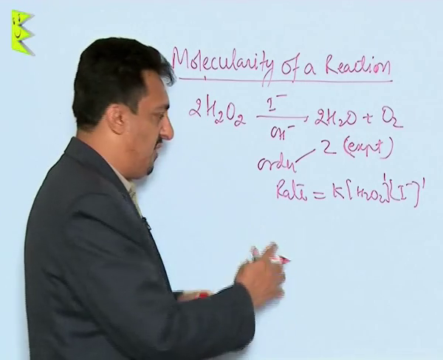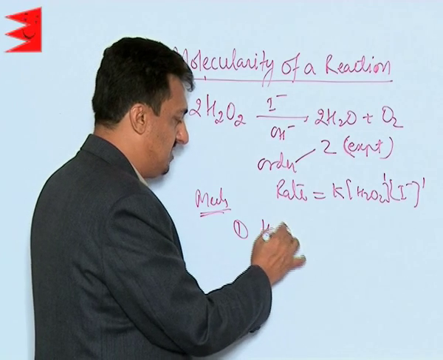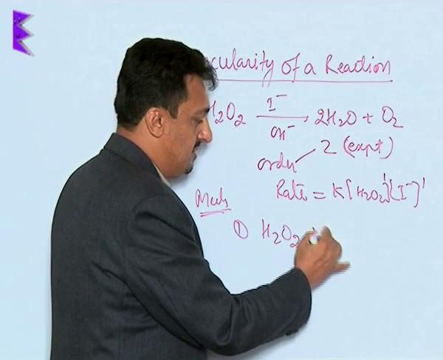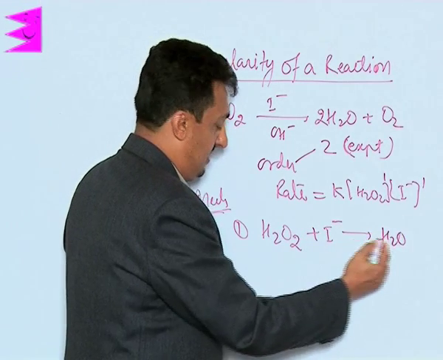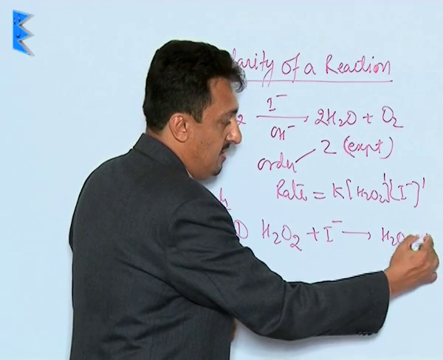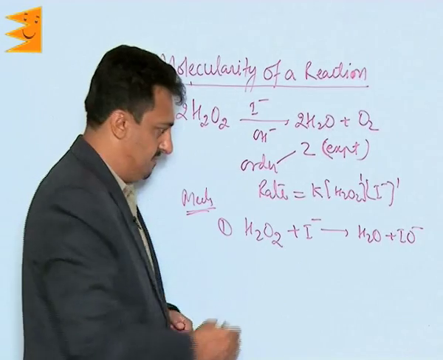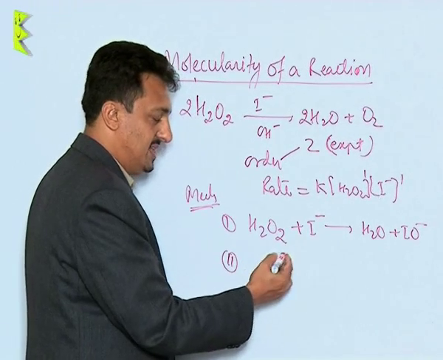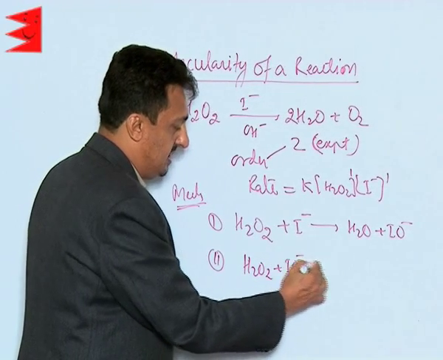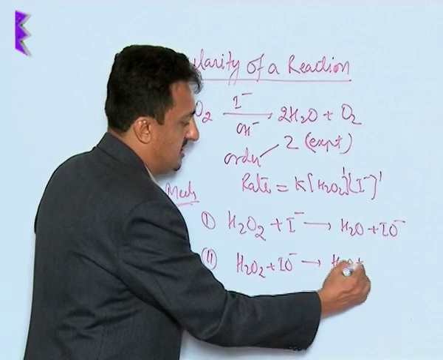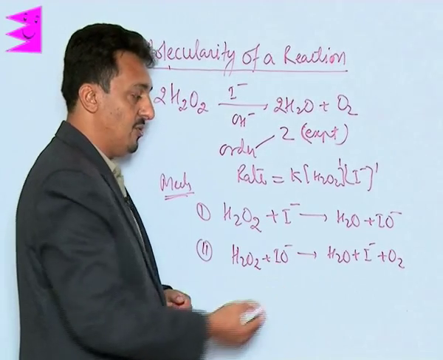Now this is justified by the mechanism of the reaction, which takes place in two steps. In the first, iodide ion combines with hydrogen peroxide, reduces it into water, and itself gets oxidized to IO minus, hypoiodite ion. Now, as soon as this hypoiodite oxidizing agent is formed, it again combines with one more molecule of hydrogen peroxide, and it forms again one water, gets reduced to I minus, and now it is basically oxidizing the peroxide into oxygen.